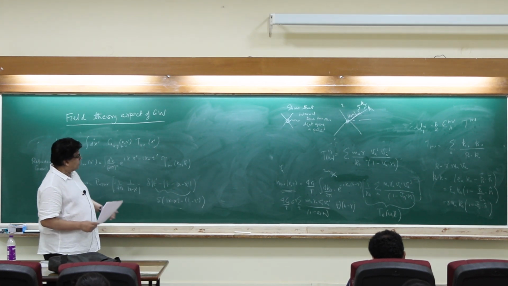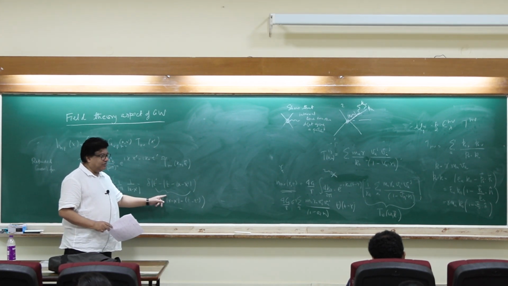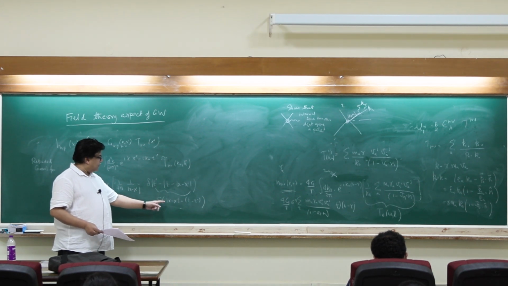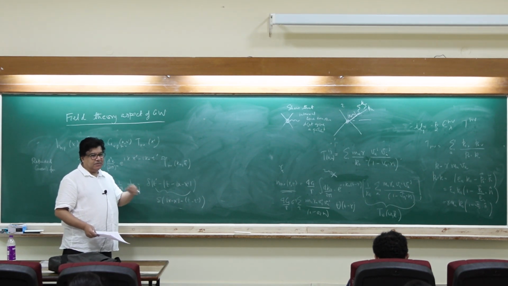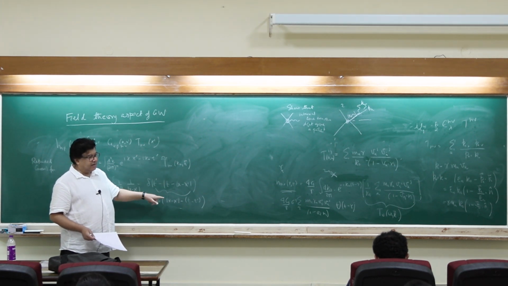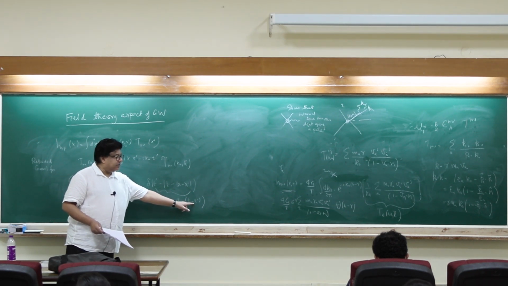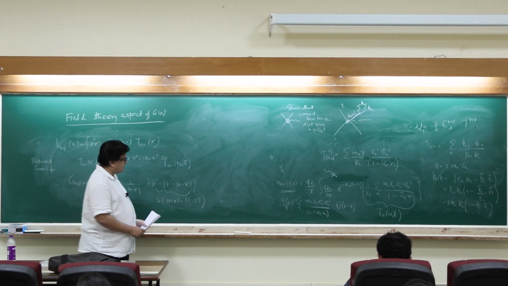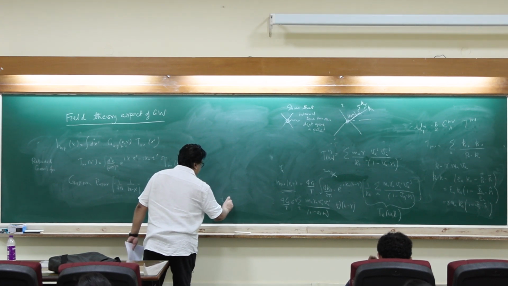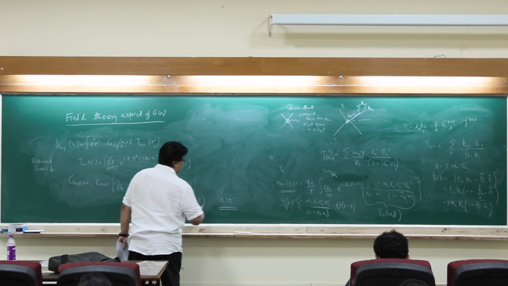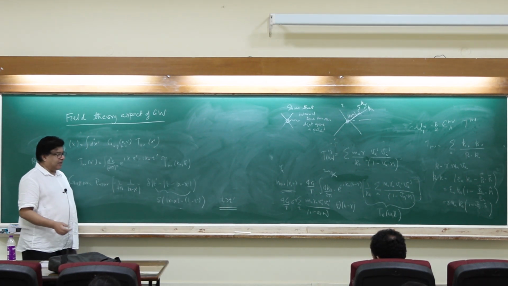This tells you that with x greater than x prime, that means the source is distant, then t has to be greater than t prime. So this is true for t greater than t prime, otherwise it doesn't. That is why this is a retarded propagator.